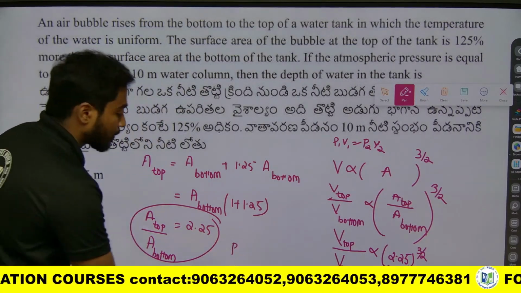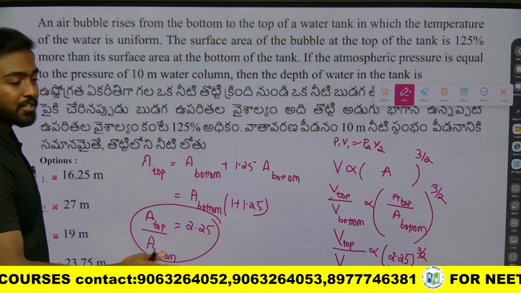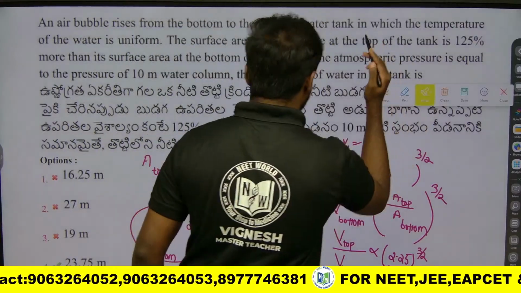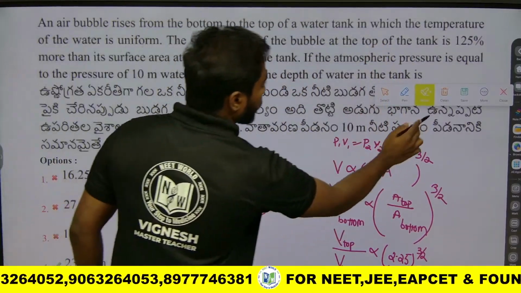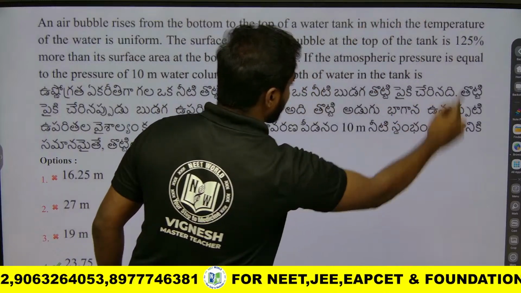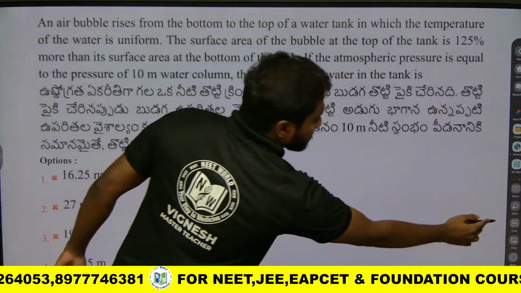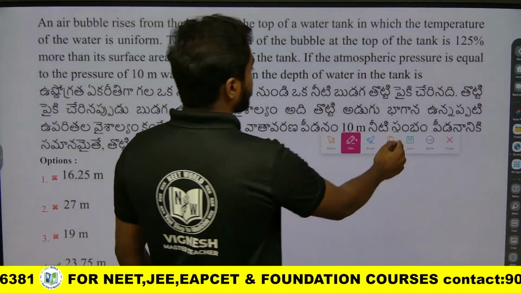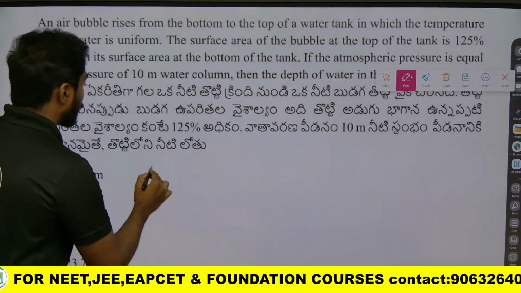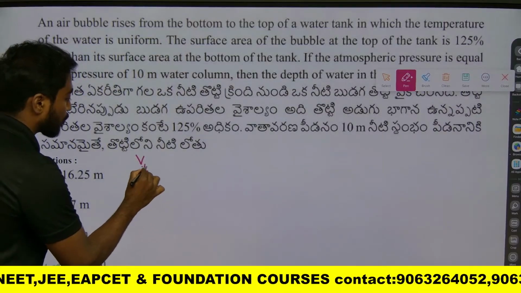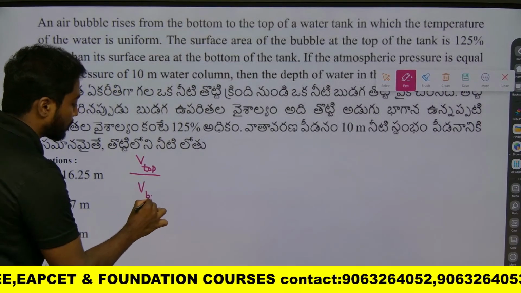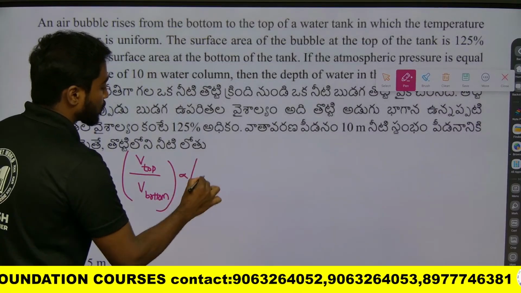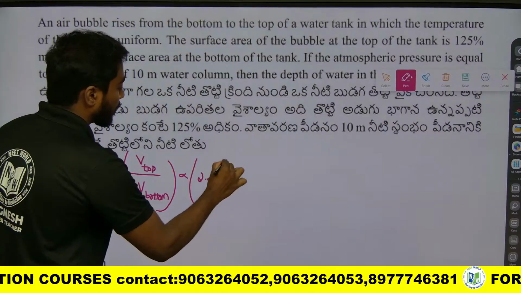pressure at top I need to find and pressure at bottom. I will erase this, wait a minute, I will clean it. Yes, the thing we know is that V top by V bottom is directly proportional to 2.25 power 3 by 2.